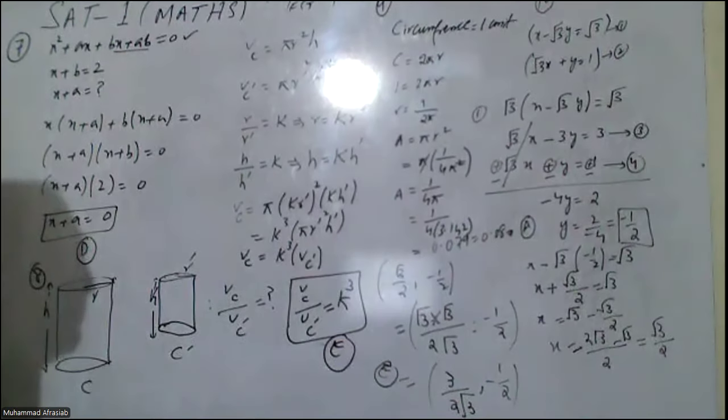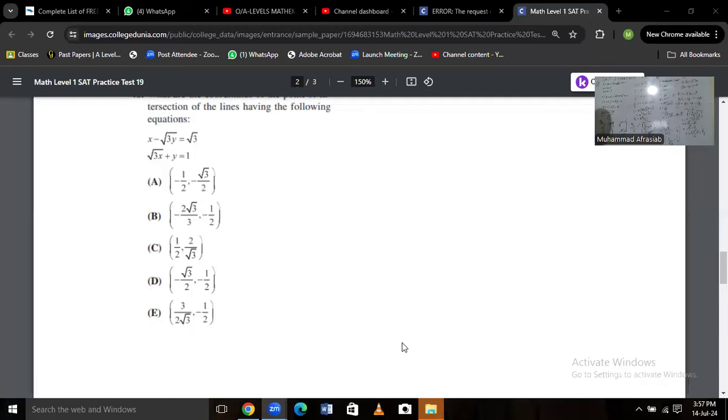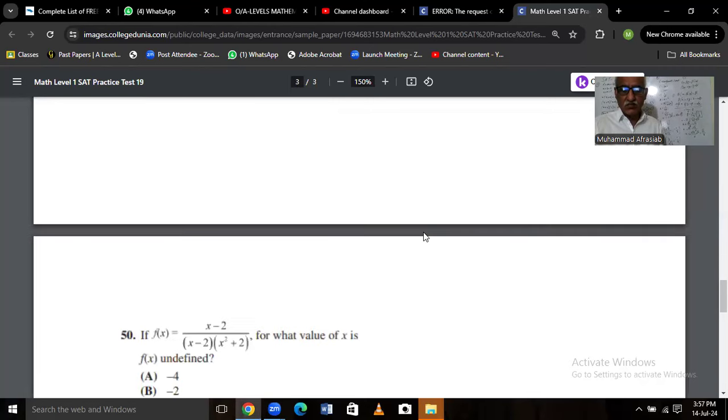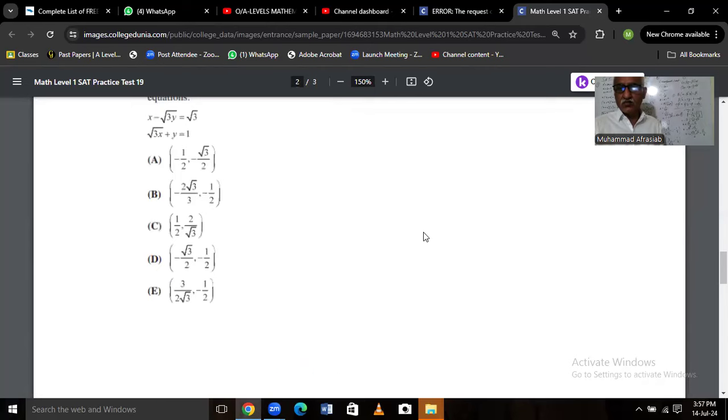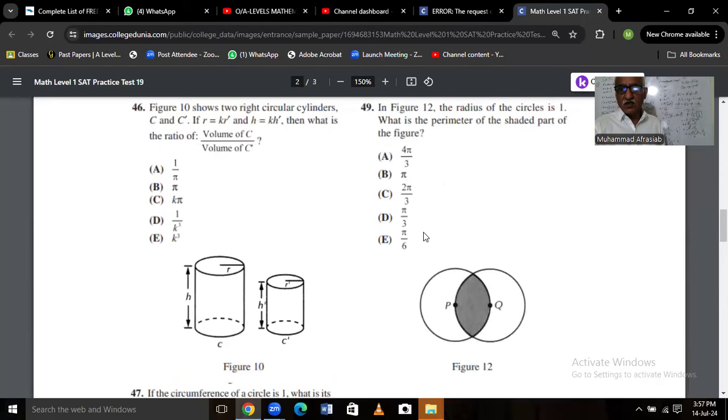Now question number 11. In the figure, the radius of the circle is 1.